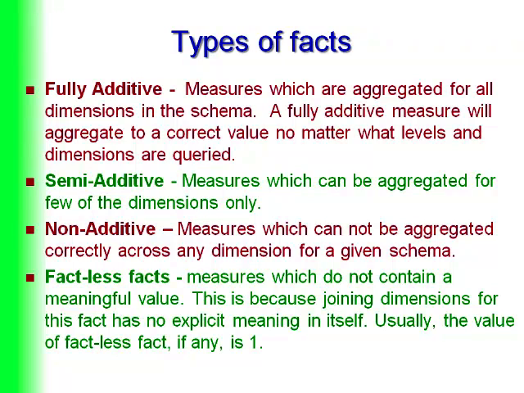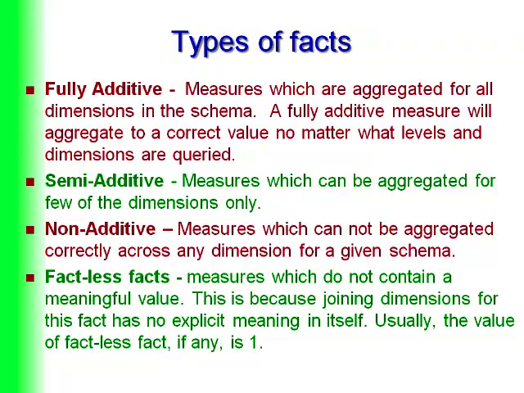Semi-additive facts are measures which can be aggregated for a few of the dimensions only. Instead of taking all dimensions, if we consider only measures pertaining to certain kinds of dimensions, then we call the fact a semi-additive fact.